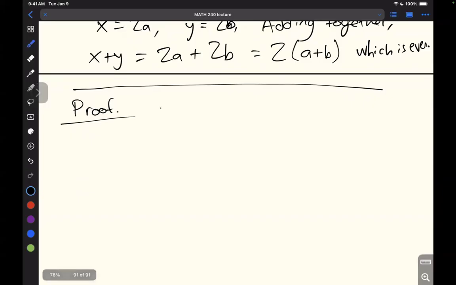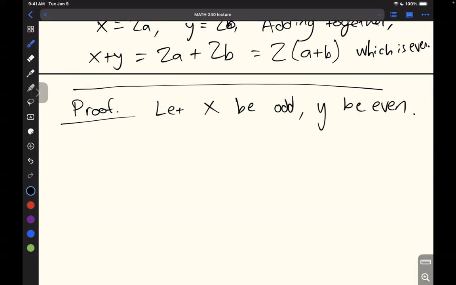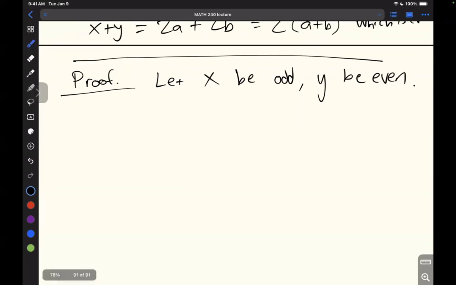They say let X be odd and Y be even. So the other option to they're both odd or they're both even is that they're not. They're not both odd, they're not both even. So one of them's odd, one of them's even. This is another way to get around having two cases.